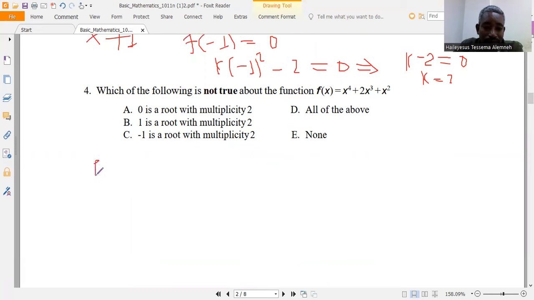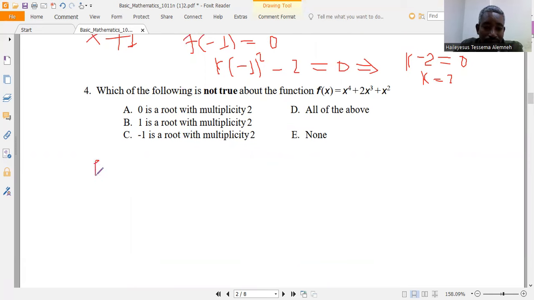So what are the zeros? The zeros of this polynomial function are x equal to 0 with multiplicity 2, and x equal to minus 1, which is also a root with multiplicity 2.